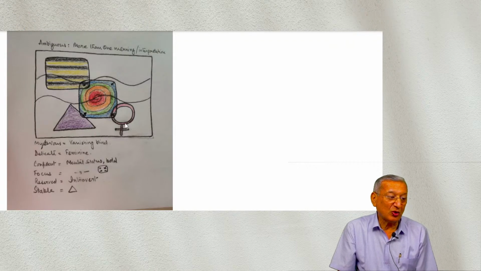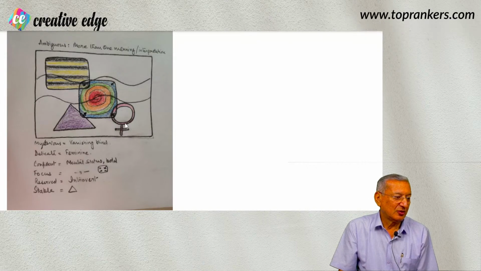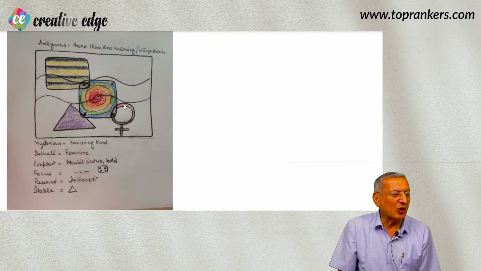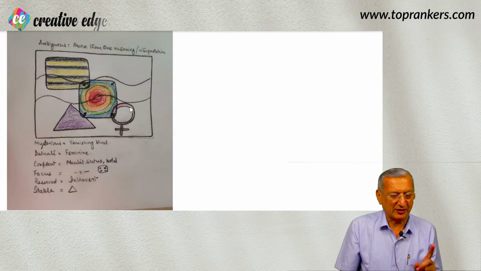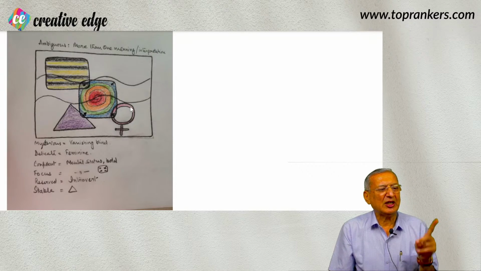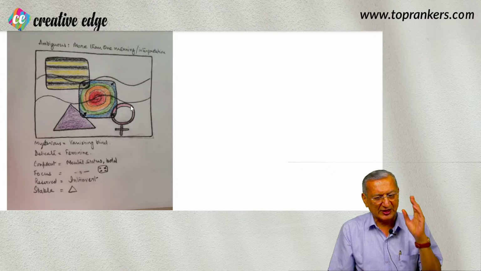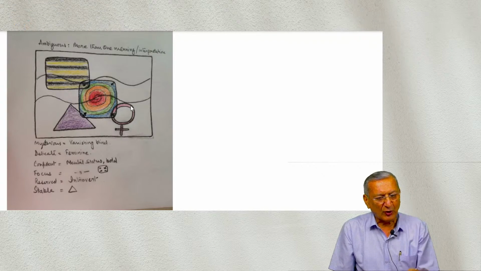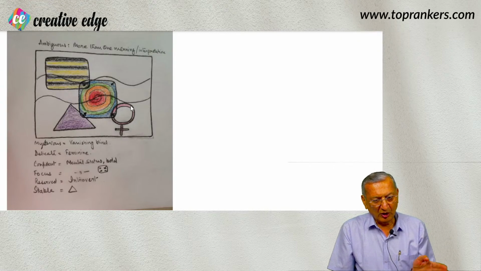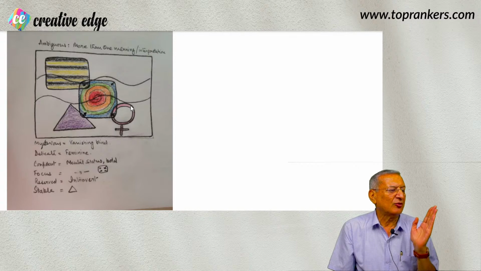Now notice the color also. Color is pink. Pink color also depicts. Now remember that. It is not just what I have said, that you can depict it with lines or shapes or forms. You can also have an added advantage of coloring it.